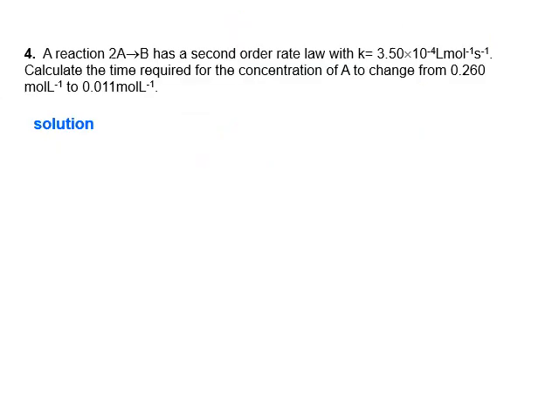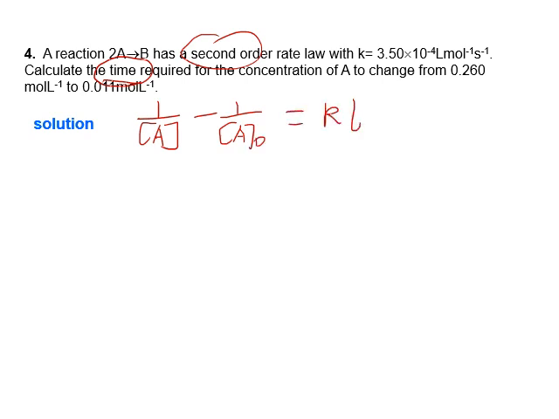In question number 4, it asks you to calculate the time for the concentration change. Again, we look at the integral rate law for the second order reaction. So the second order reaction integral rate law is 1 over A minus 1 over A naught equals Kt. From here we can calculate the time. However, there's a small thing we need to take care of.